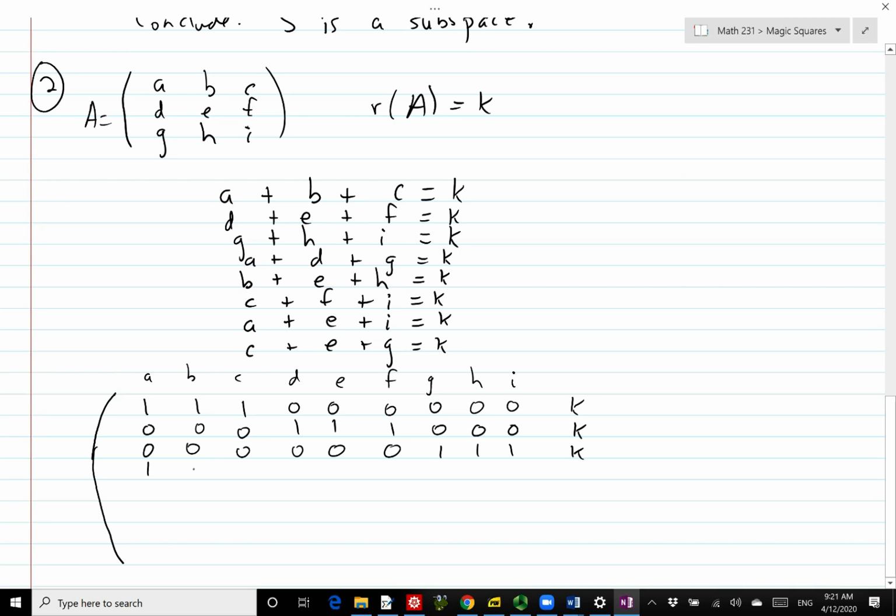And then we have 1, 0, 0, 1, 0, 0, 1, 0, 0. And then 0, 1, 0, 0, 1, 0, 0, 1, 0. 0, 0, 1, 0, 0, 1, 0, 0, 1.